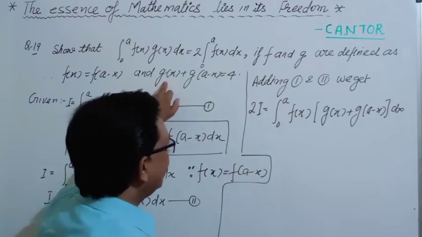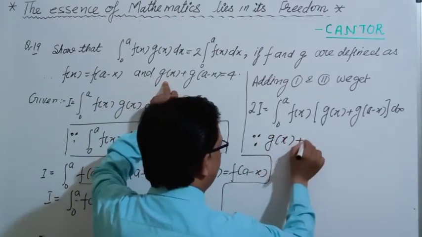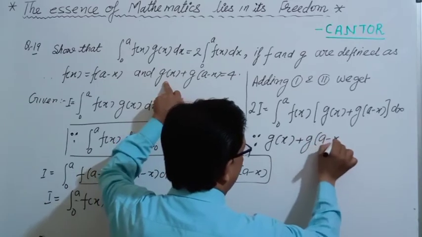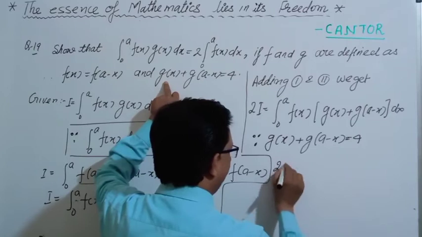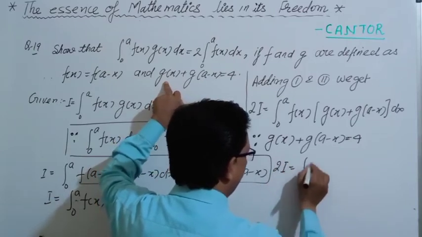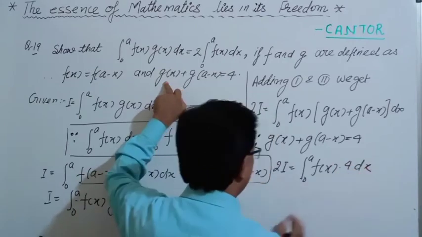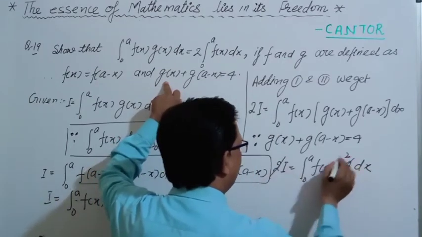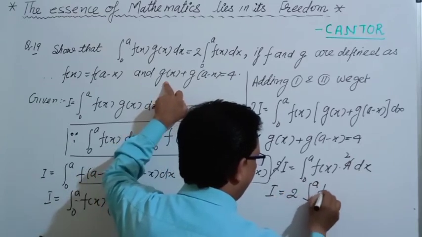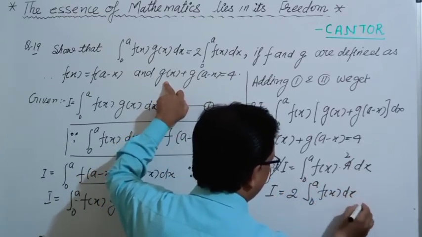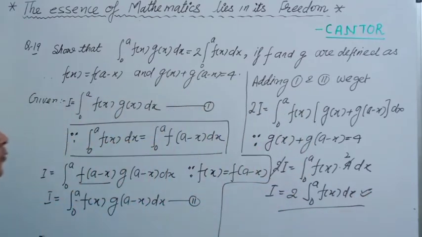And here it is given that g(x) plus g(a minus x) is equal to 4. So we put this value here. So our integral becomes 2I is equal to the integral from 0 to a of f(x) into 4 dx. The 2 cancels out, so I is equal to 2 times the integral from 0 to a of f(x) dx. This is our required proof. So student, note this.